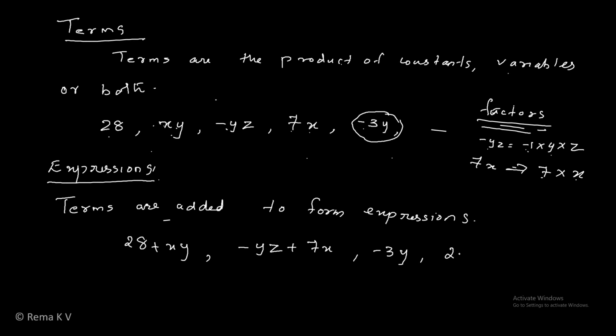Another one is 2x square plus 3x plus 2. This is also an expression. Here we are adding 3 terms. First term is 2x square, then 3x, then 2. Okay, all these are examples for expressions.